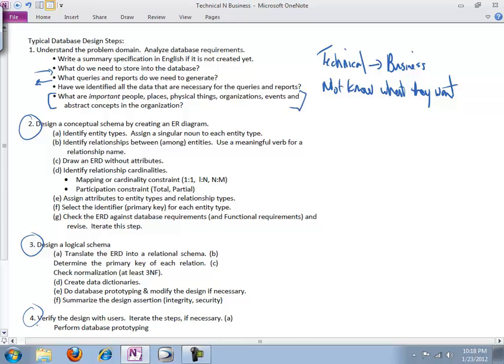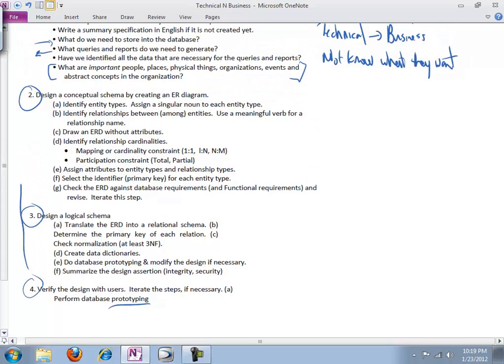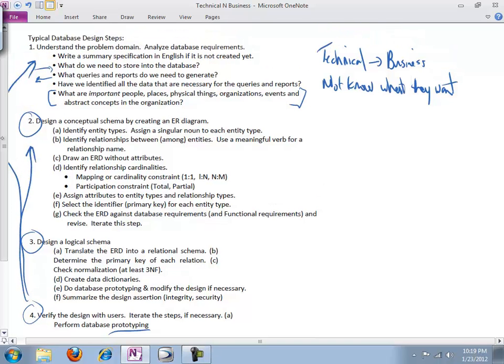So down here we say, all right, we think we have what we're looking for. Let's create a prototype. Let's create a mock-up. Let's show it to the users. Let's see what they think about it. Let's see what we can learn. And then oftentimes we have to go all the way back to 1, or if not back to 1, then at least back to 2, to either better understand the problem in 1, or better represent the problem in 2. And so keep in mind this can iterate.